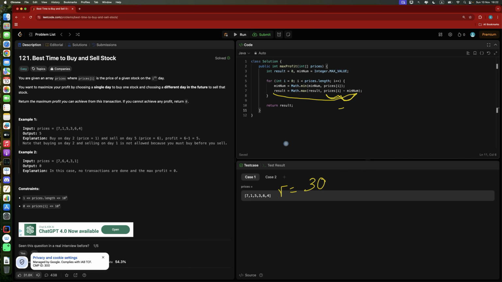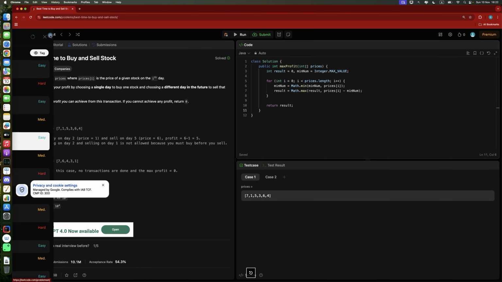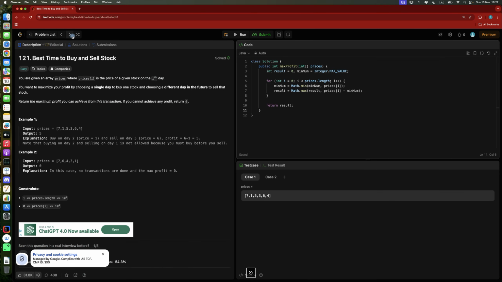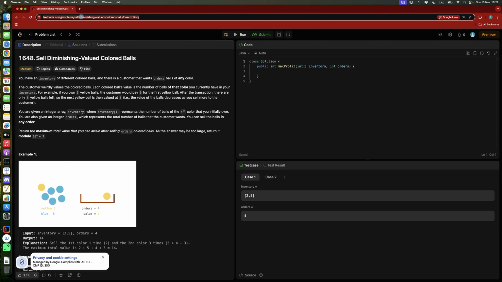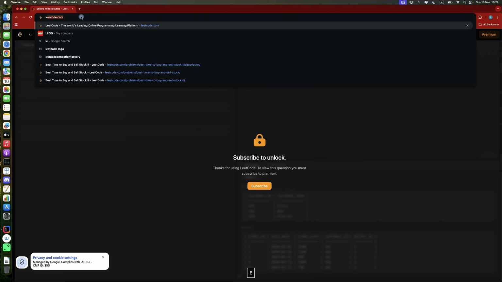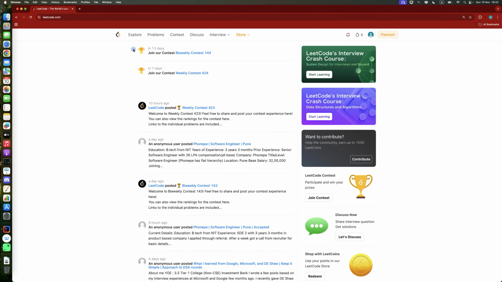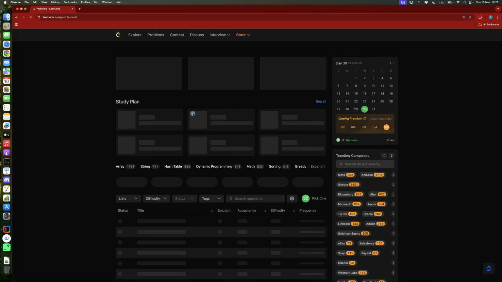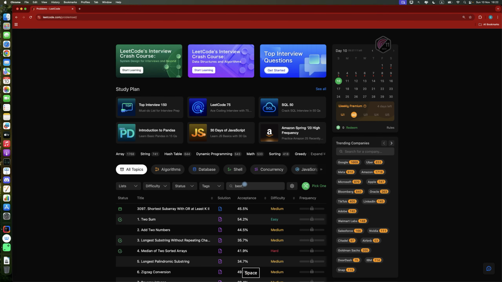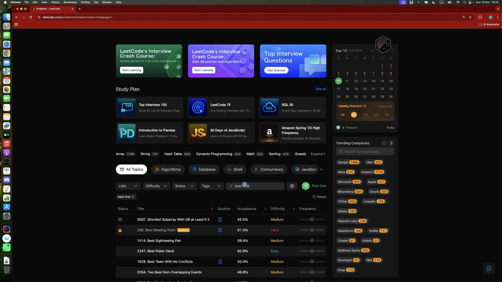Each iteration. And the fun fact here is, if you look at the problem list, I mean not here, I want to go to LeetCode and show you Best Time to Buy and Sell Stock.